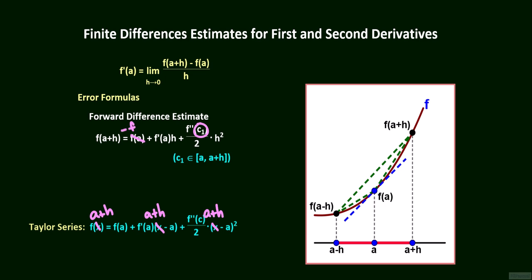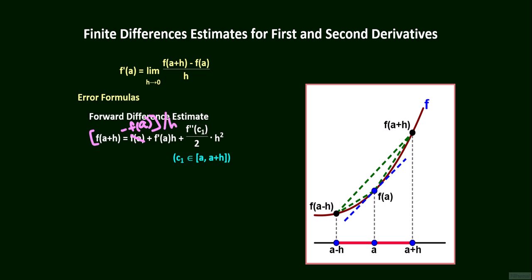Subtracting f of a from both sides, and then dividing by h, we have that the forward difference estimate f of a plus h minus f of a divided by h equals f prime of a plus the error term f double prime of c sub 1 divided by 2 times h.